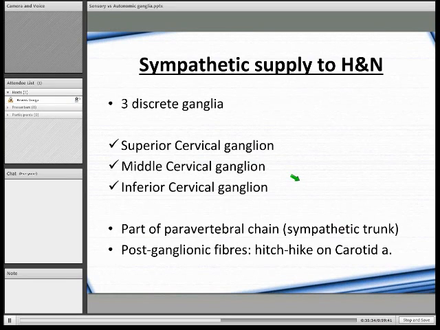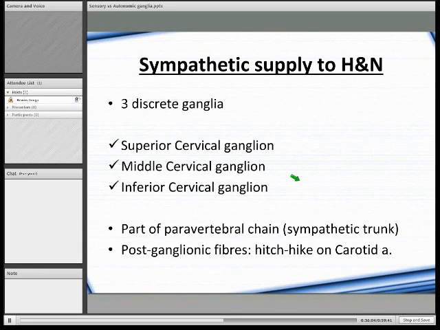Talking about the sympathetic supply to the head and neck, the outflow is still thoracolumbar, so there must be a way for the sympathetic fibers to reach the structures of the head and neck. So the preganglionic fibers travel up the prevertebral chain, and they synapse in any one of these 3 cervical ganglia.